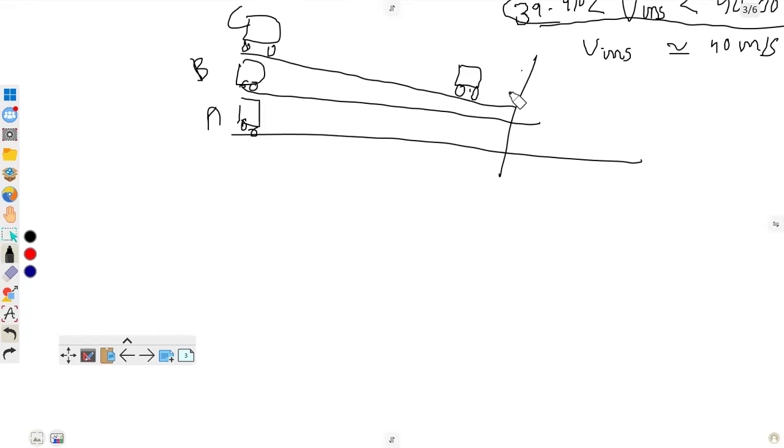This was our T final, the final position, and this was our initial position. So this gap is very small, and the smaller this gap gets, our average speed will tend to instantaneous speed.